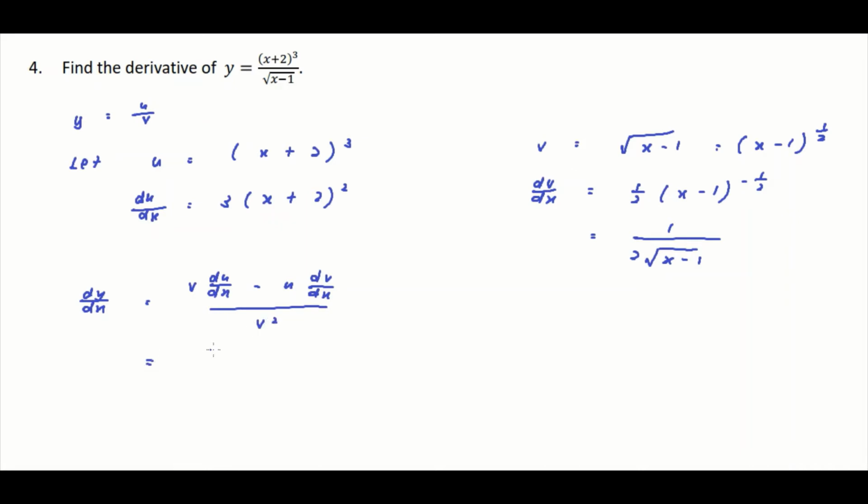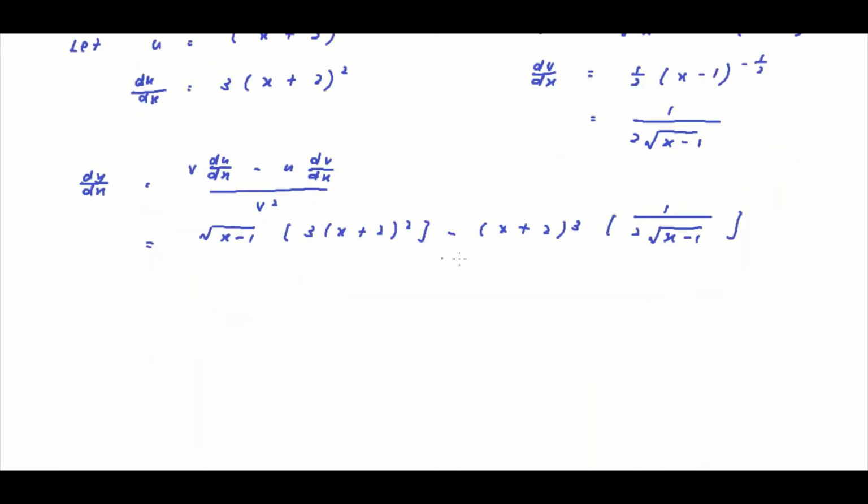Okay, so your v, du/dx, u, dv/dx. Okay, so now how can we simplify? Don't forget your v squared. So your v squared will be square root of x minus 1, squared. Okay, so how can you simplify?